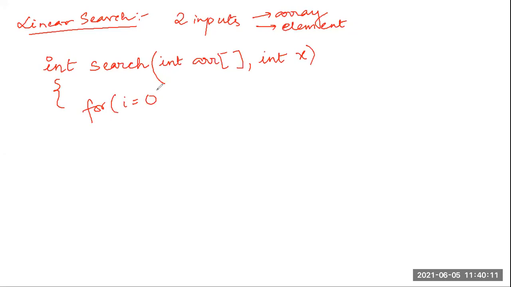I am writing the logic part, the algorithm part, which we need to implement in C. So our i runs for array dot length, right? i is less than or equal to array dot length, and in the process it is i plus plus. So this is the loop which will help me traverse my array, that is, go through the array.